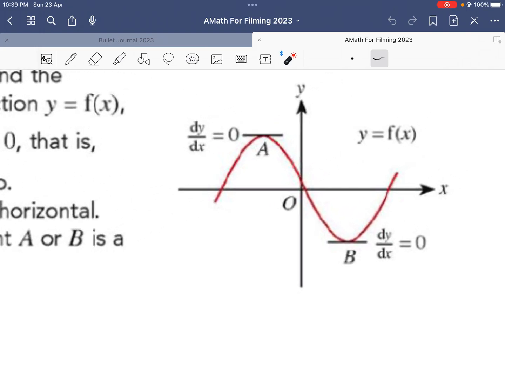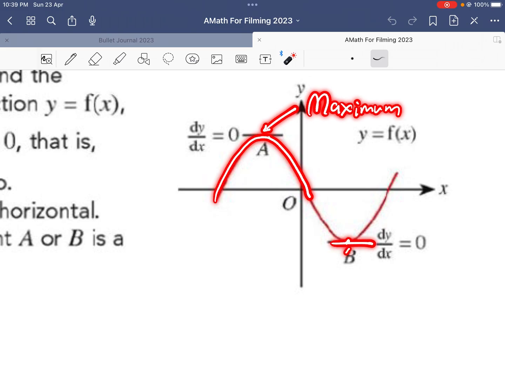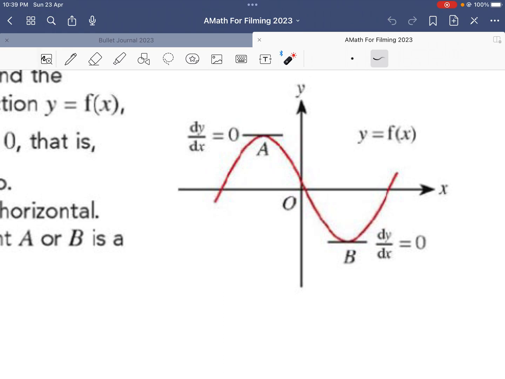Now, in this case, this here is a peak, so A is actually a maximum point, while B is over here, so it is a minimum point. So now we have an idea that stationary points can be a maximum point or minimum point.